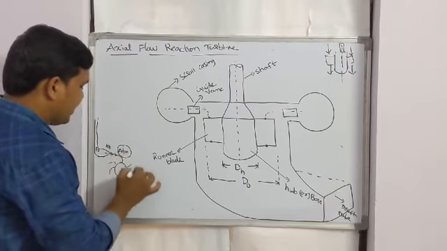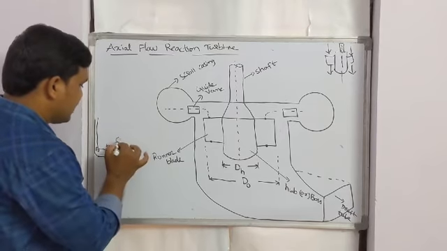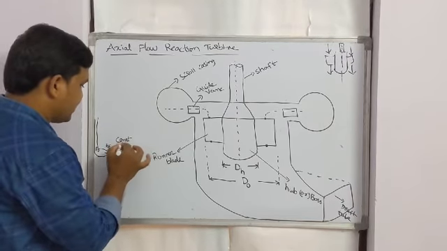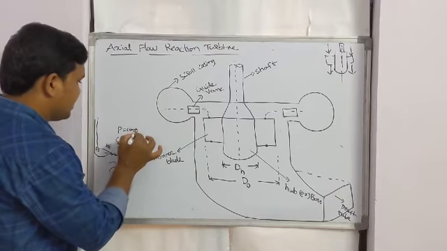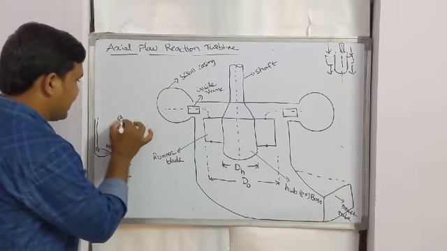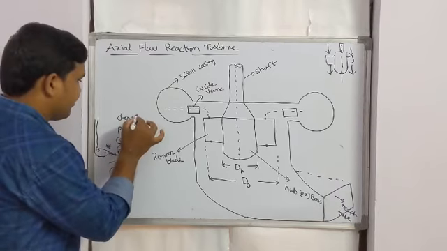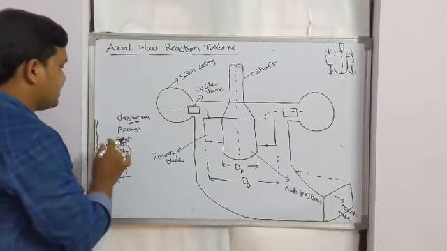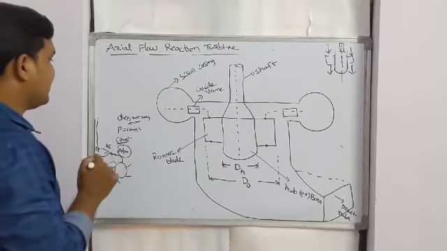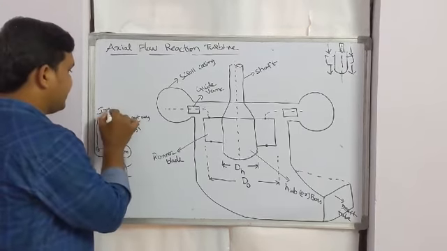Pressure energy everywhere in the runner is constant, that is atmospheric pressure, and does not vary. This type of turbine, where pressure energy is atmospheric and does not vary, is called an impulse turbine.